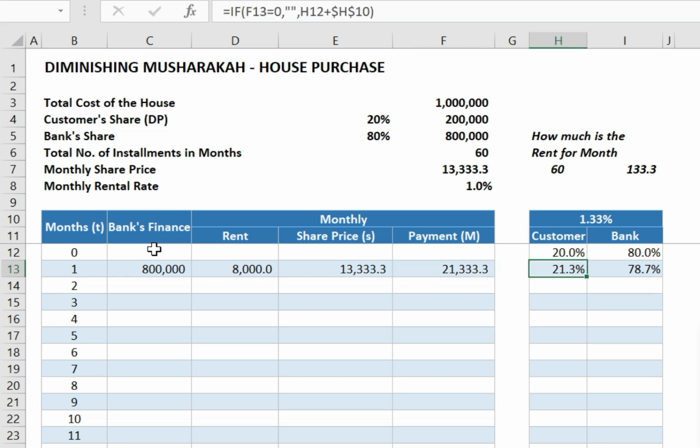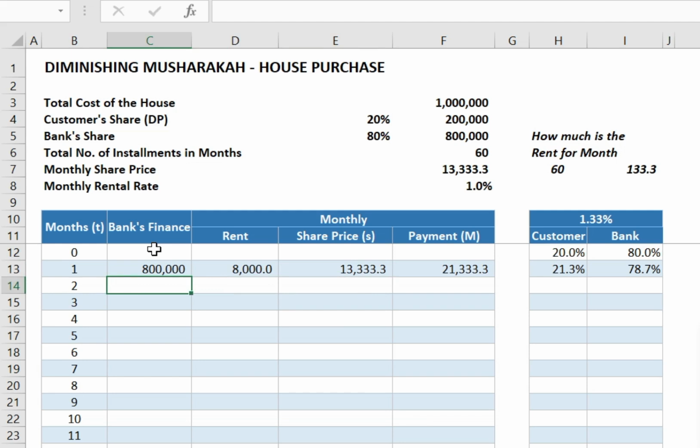As you can see here, the customer and bank ownership interest changes due to the 1.33% acquisition by the customer by reason of his monthly share price or monthly acquisition price of 13,333.3.